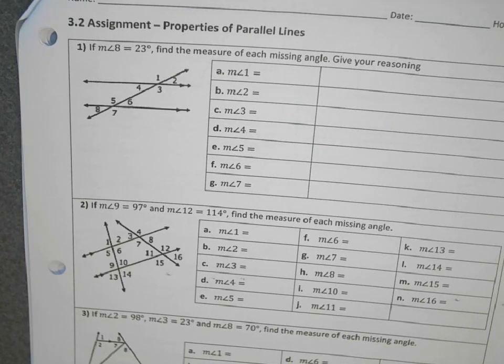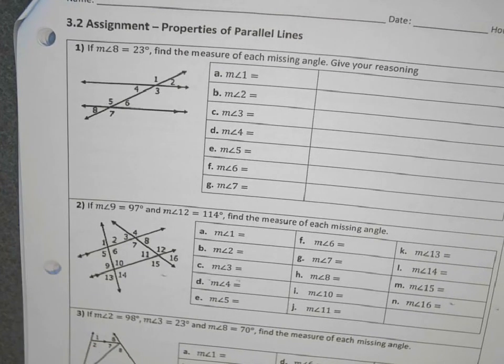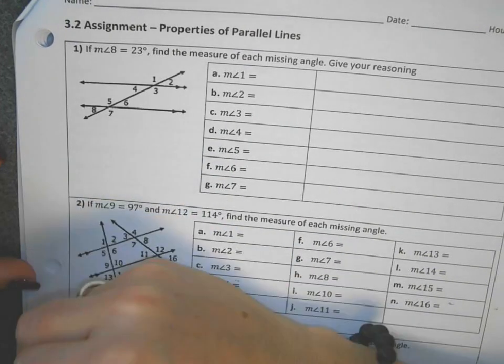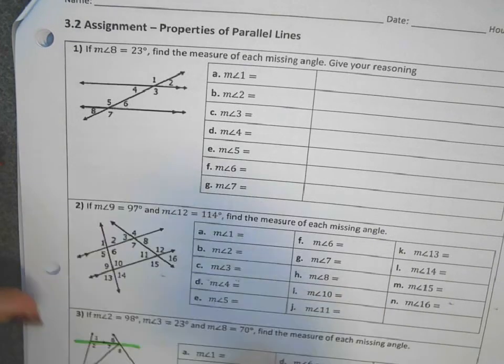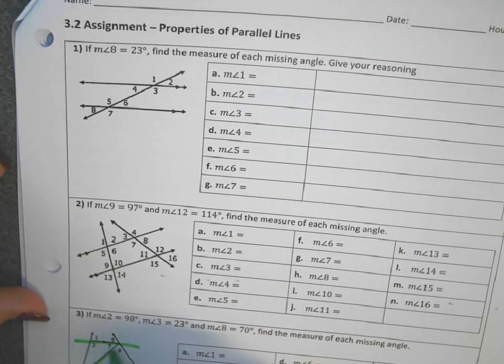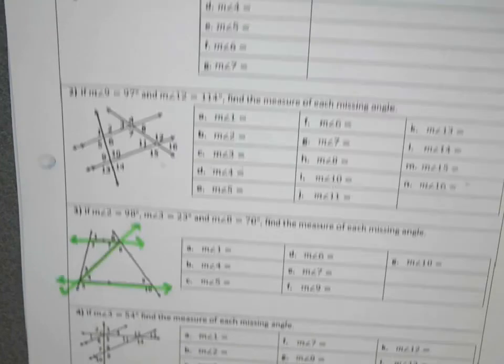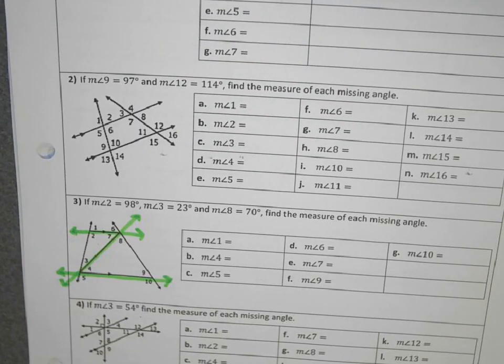There are many transversals there, so be careful when you're looking at the parallel lines and the transversal. It might help if you highlight. You have a parallel line here, a parallel line here, and that would be your transversal. So that might help if you actually highlight the 2 parallel lines and the transversal.